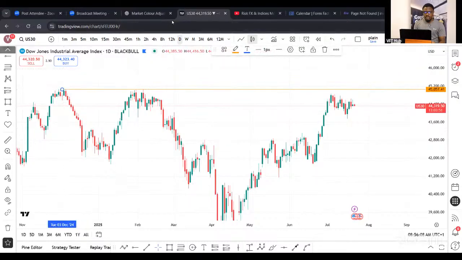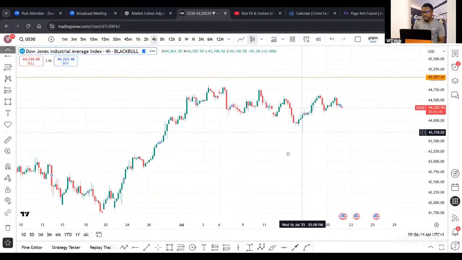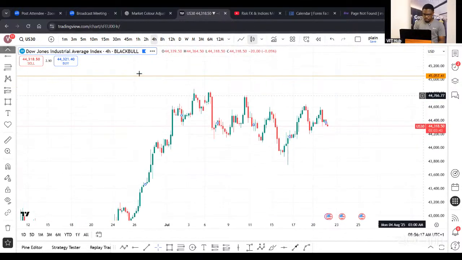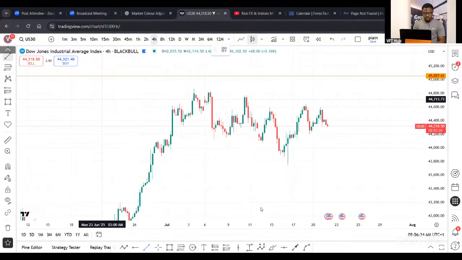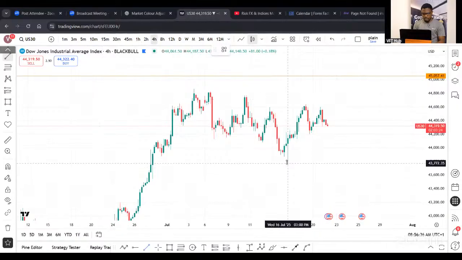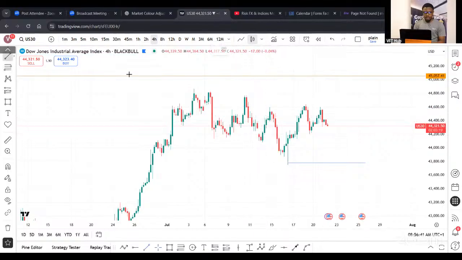Then let's come to intraday trade. What is happening on the 4-hour time frame? The 4-hour time frame, as at last week, we were breaking structure to the downside. But this week, so far so good. We have not broken any low recently. Instead, what have we done? We've broken kind of like a high to the upside, right?